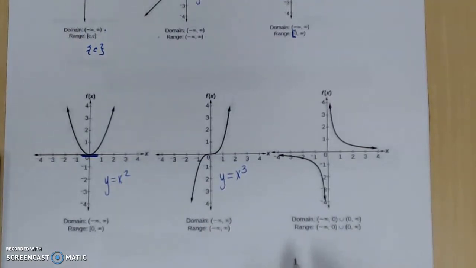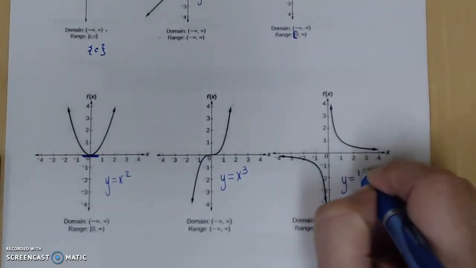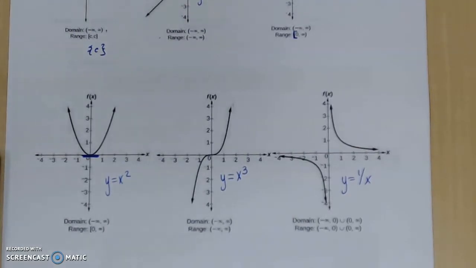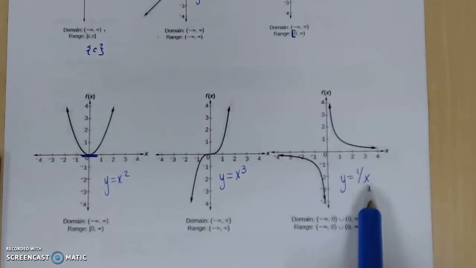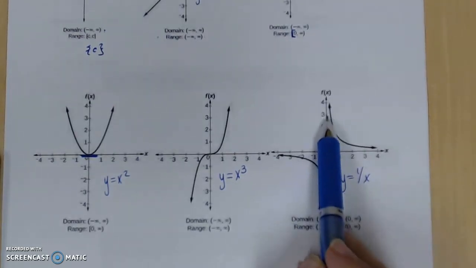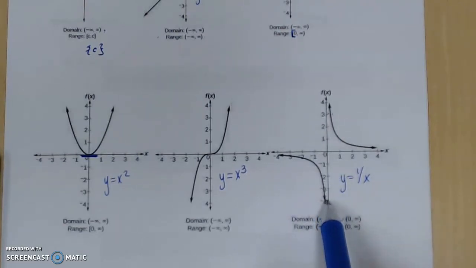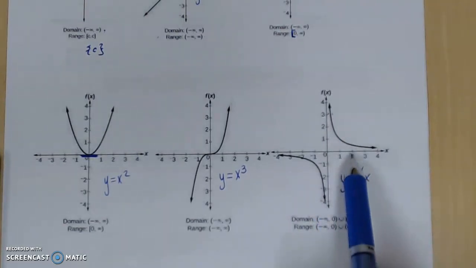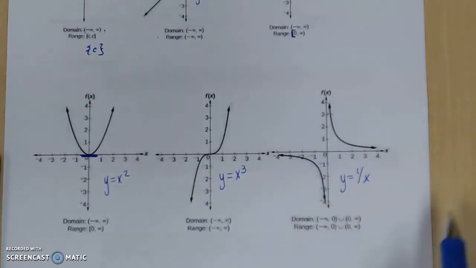The next one is the function y equal to 1 over x. Looking at the function, I'm plugging values into the denominator of a fraction, and the number in the denominator can be anything except 0. We can never divide by 0. So x-wise, there is no 0 value. This creates a vertical asymptote: it comes down but never hits the y-axis, and it goes up but never hits the y-axis.